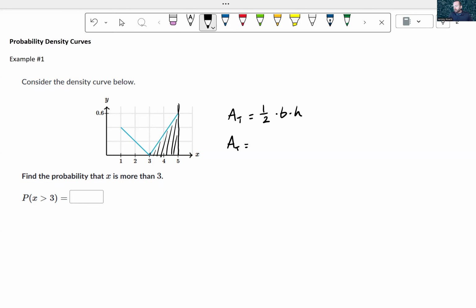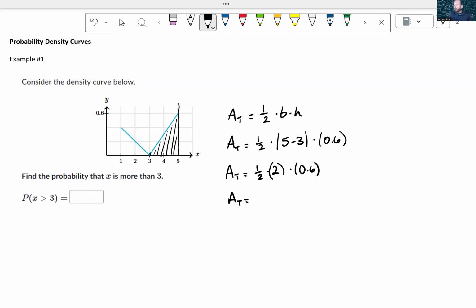So the area of our triangle is 1/2 times our base, which is the distance from 5 to 3. Distance is we subtract the absolute value. So 5 minus 3 times the height is 0.6. And this just ends up being positive 2 times 0.6.